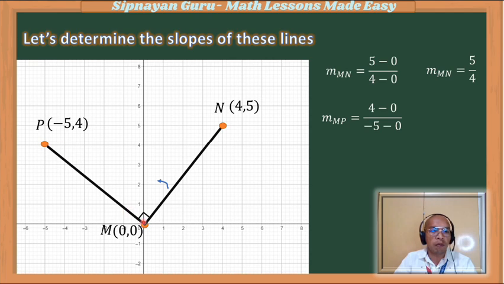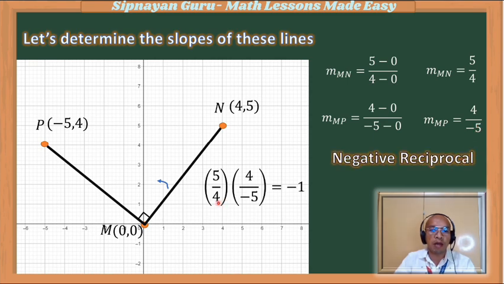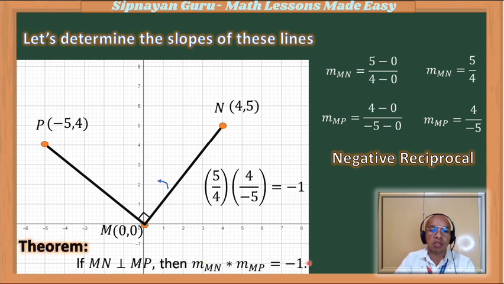Then the slope of MP is 4 minus 0 all over negative 5 minus 0, and that is 4 over negative 5 or negative 4 over 5. If you multiply 5 over 4 by 4 over negative 5, their product is equal to negative 1. So indeed, this theorem is true, that the product of their slopes is equal to negative 1.